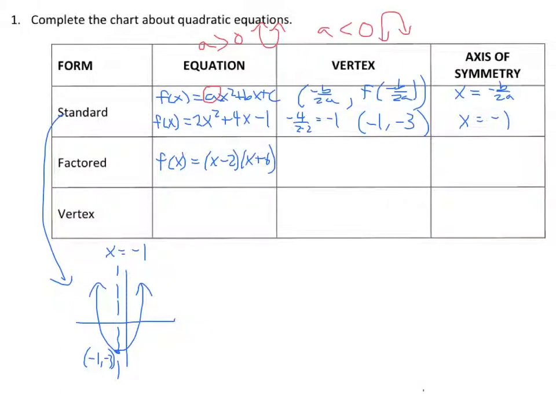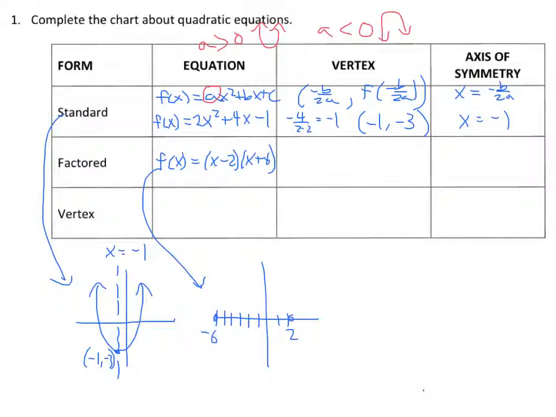That would be an example of factored form. Factored form isn't the best form for finding a vertex, but you can use it to find x-intercepts very easily. Looking at this example, this function would have x-intercepts at positive 2 and negative 6.